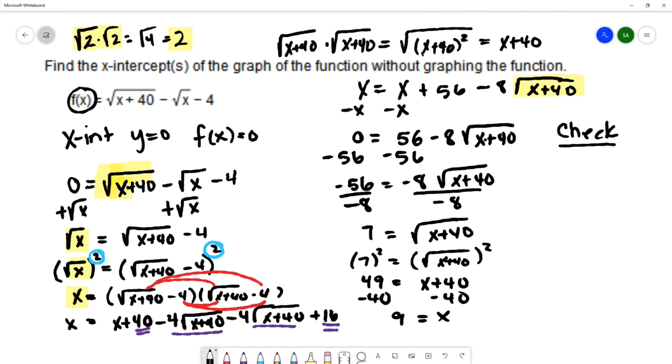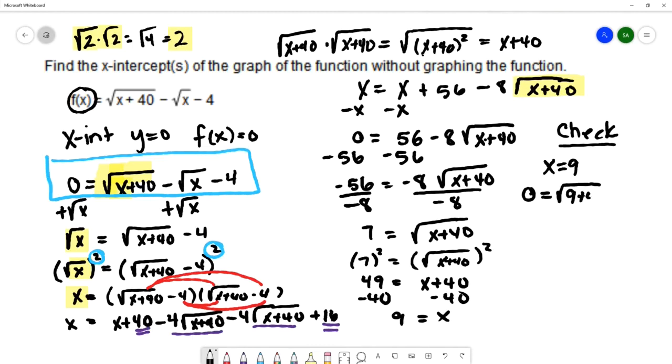So I need to check to make sure that x equals 9 works in the original equation. So in the original equation where I'm starting to find the x-intercept, I'm going to substitute in x equals 9. So that'll give 0 equals the square root of 9 plus 40 minus the square root of 9 minus 4.